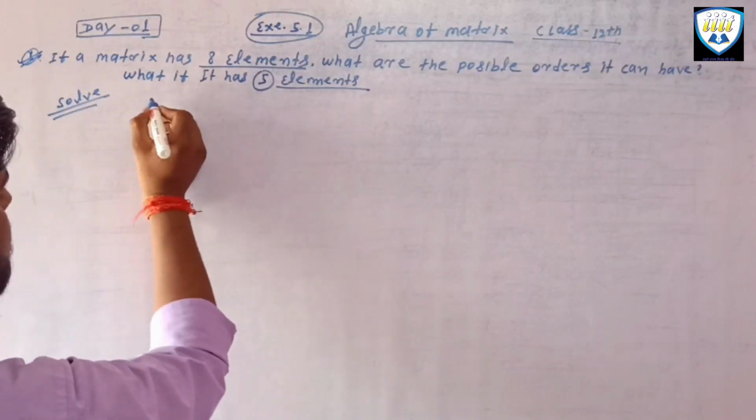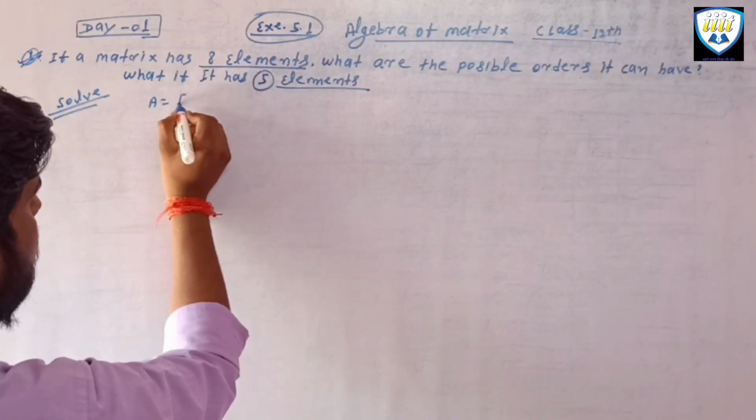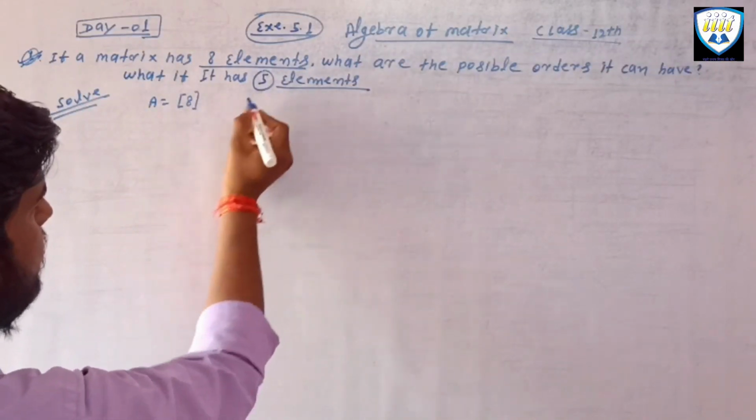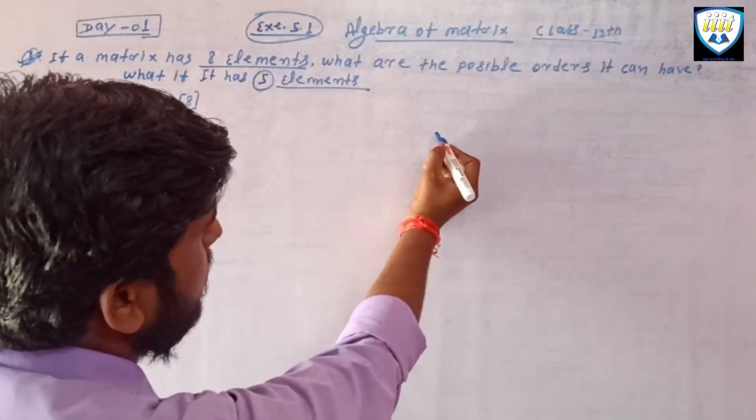A matrix has 8 elements, and we need its possible orders.